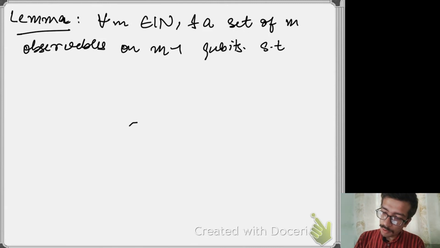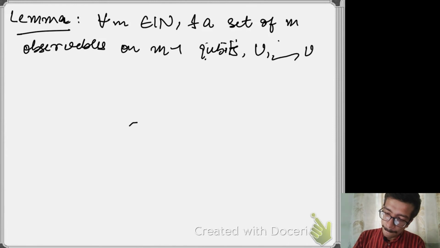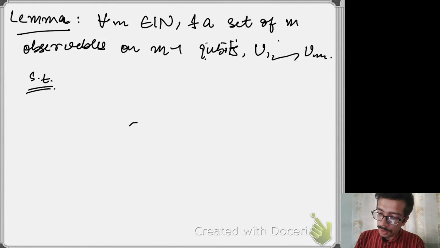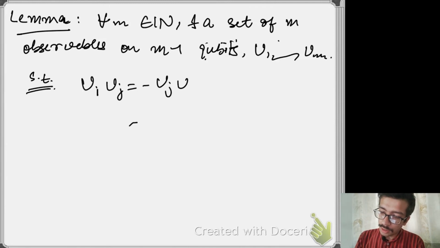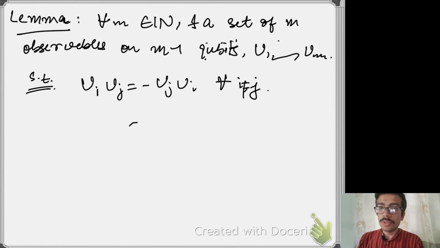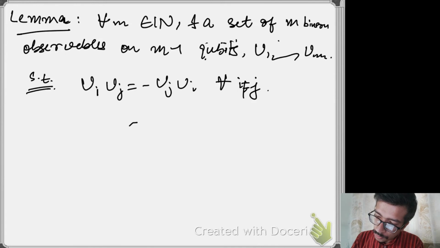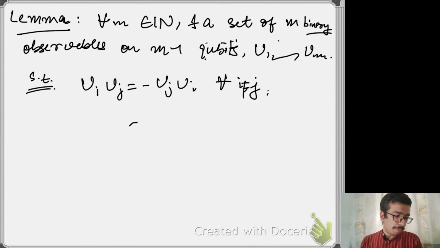I am going to call them u1 up to um, such that ui uj equals minus uj ui for all i not equal to j, right? So these are anti-commuting binary observables. This is the statement of the lemma.